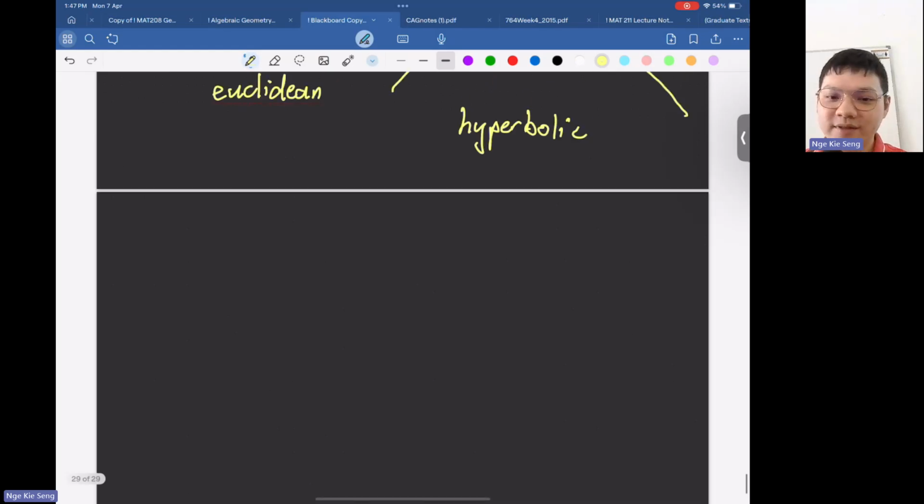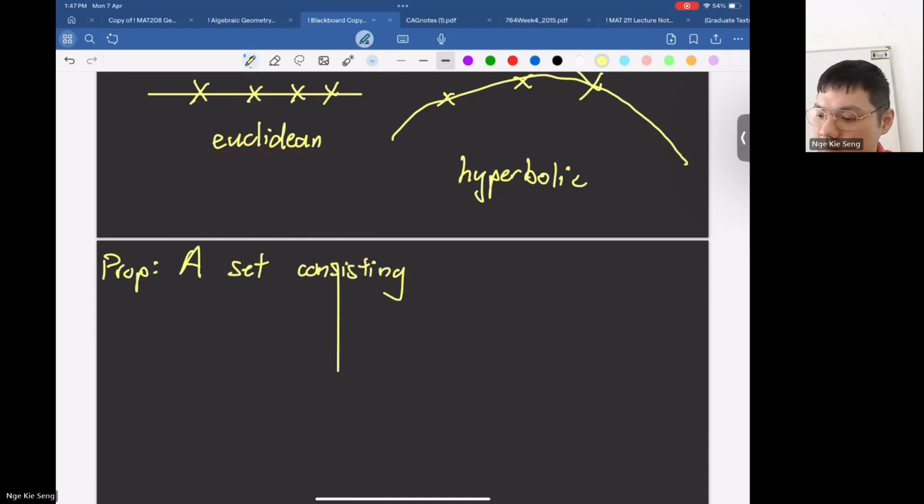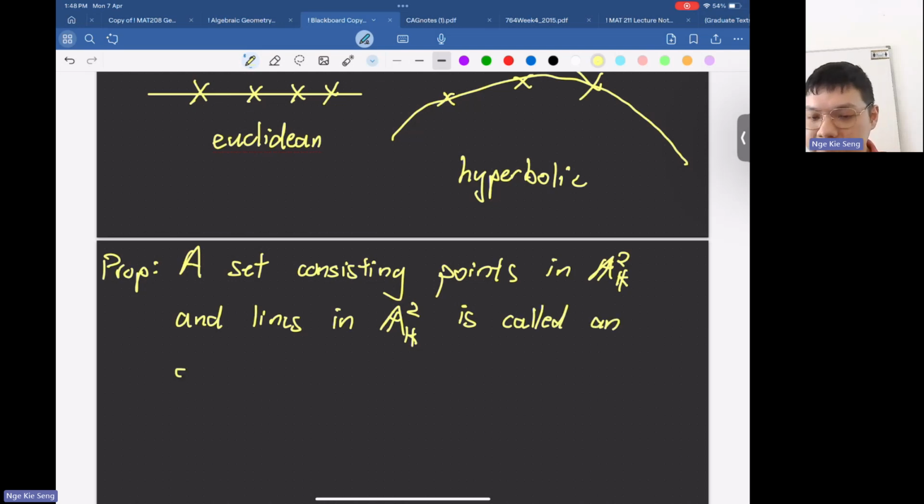Let me do some more. So a proposition. A set consisting of points in A2K and lines. So we consider two things, lines and points together, as a set called the affine plane.